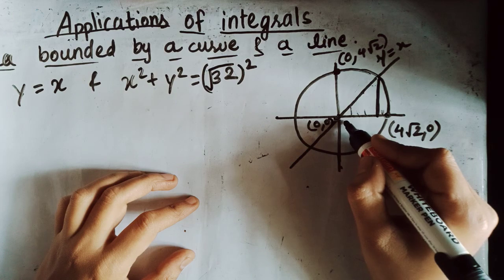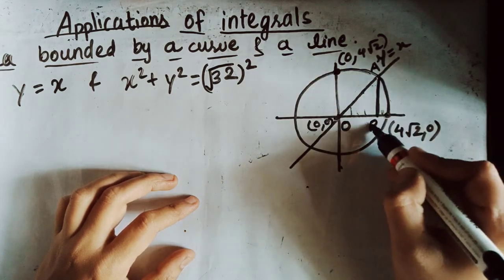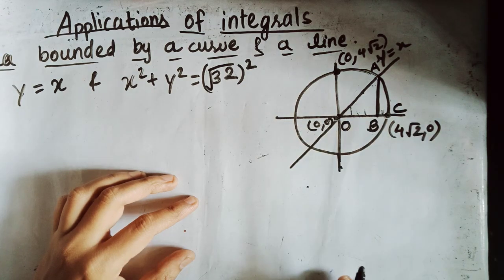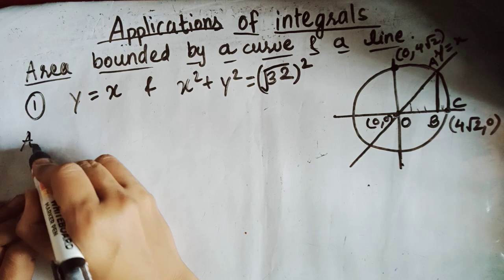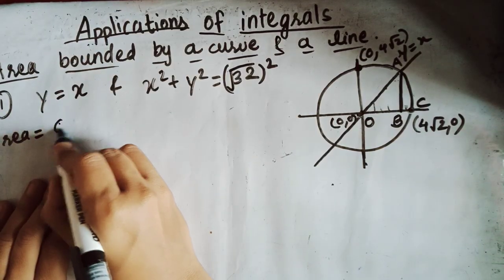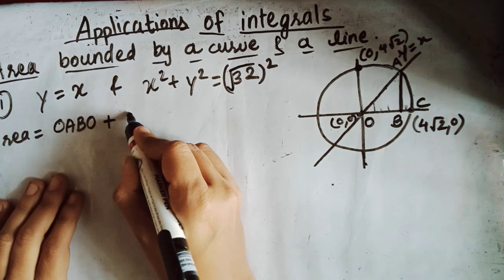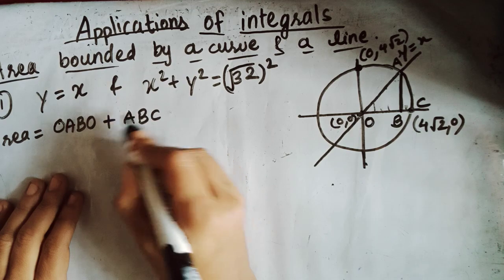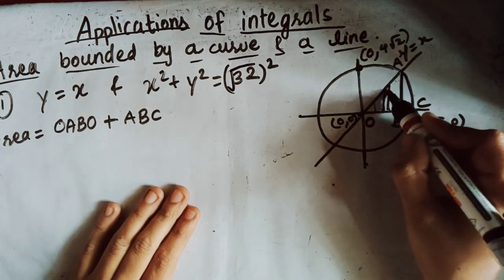I'm going to write here O, A, B, and point C. So there are two regions. We need the area of region OABO plus ABC.